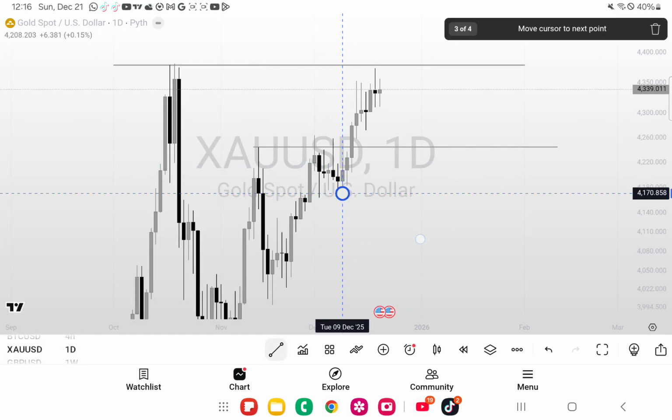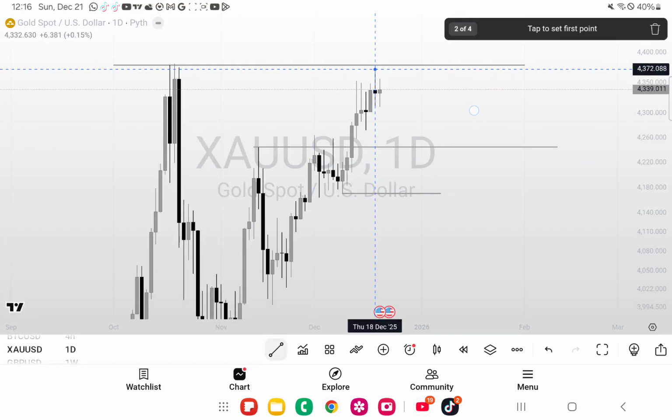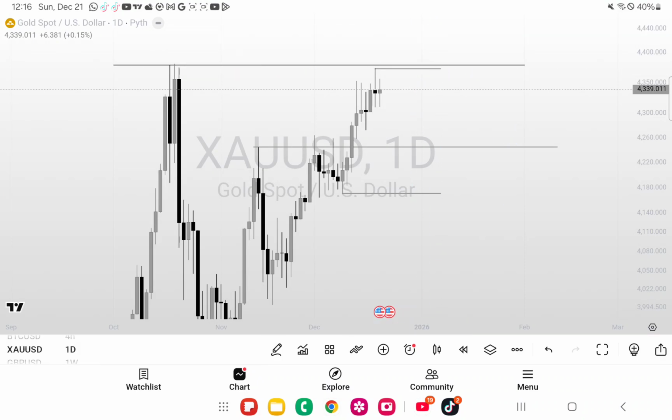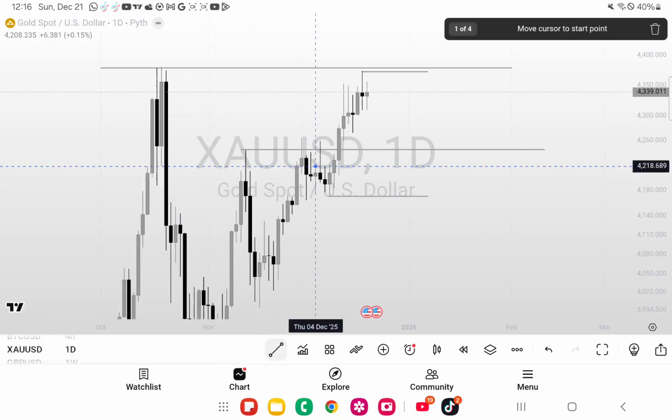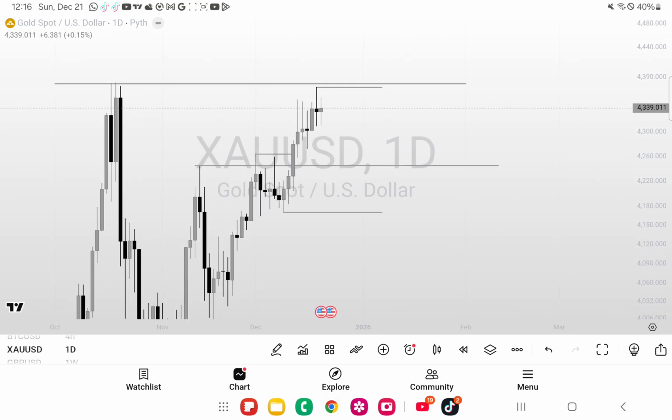This is our range, right? This is our low, and this is the high of this structure. This is the high, and here we have a break of structure to the upside, right?